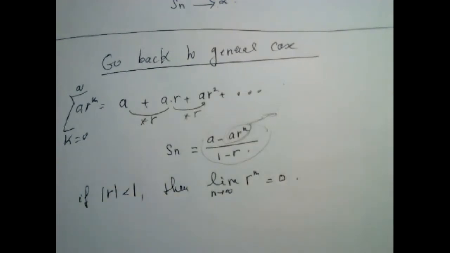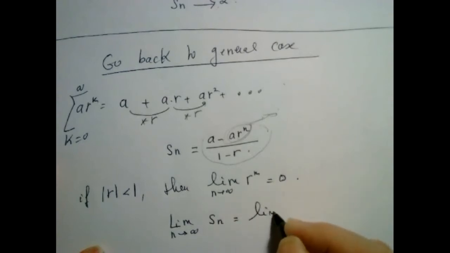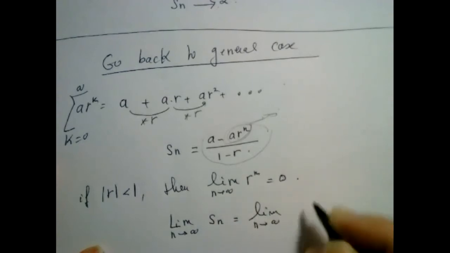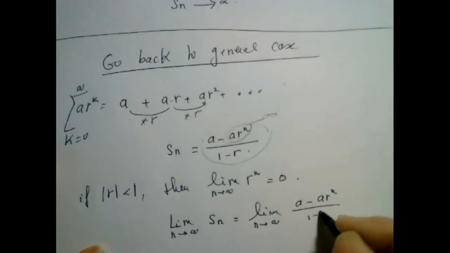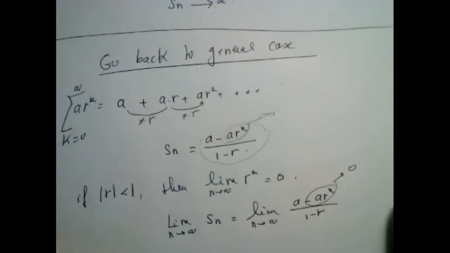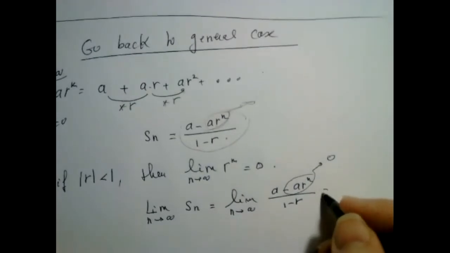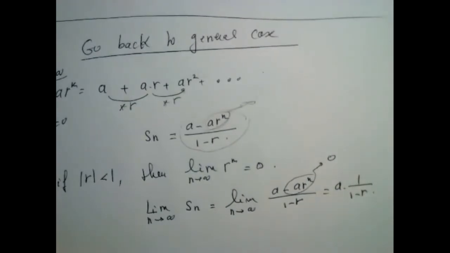If you have a number less than 1, you raise it to a higher power, the number is going to go to 0. So the limit in this case, as n tends to infinity of the partial sums, is going to be the limit as n tends to infinity of a minus a r to the n over 1 minus r. But this goes to 0. So the limit is going to be a times 1 over 1 minus r.